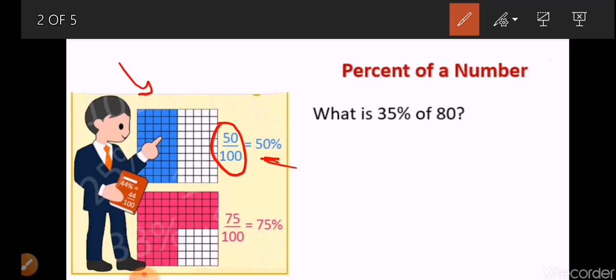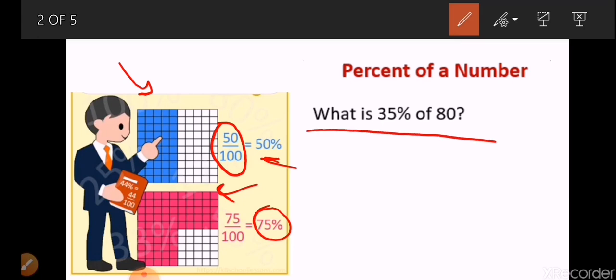Just count them, it will give you the percent. The other one is also the same way, we have 75 colored pink. From what? From 100. Once you have a number compared to 100, this number is a percent, so it's 75%.